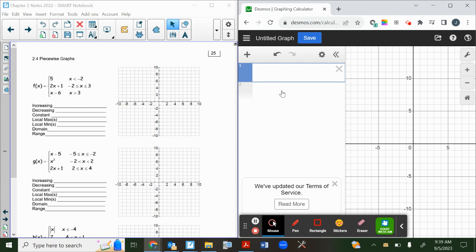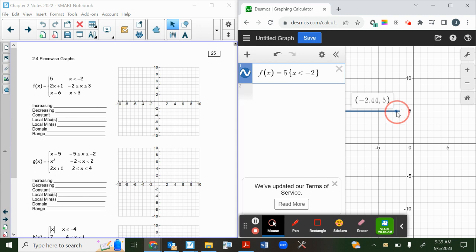Just for the sake of seeing some of this, y equals 5 is that first equation. Actually, I'll even throw in f of x equals 5. It's a horizontal line at 5. The second part tells us the domain of this piece: all of the x values less than -2.